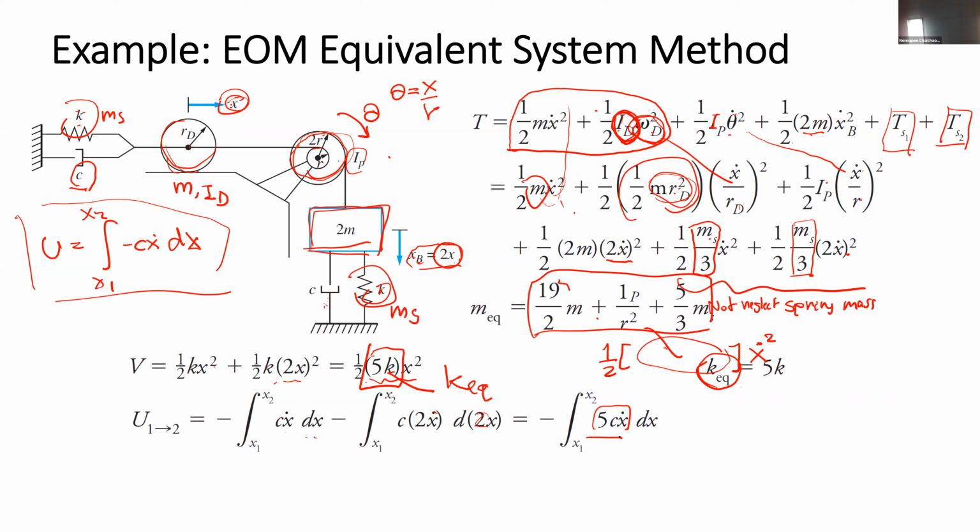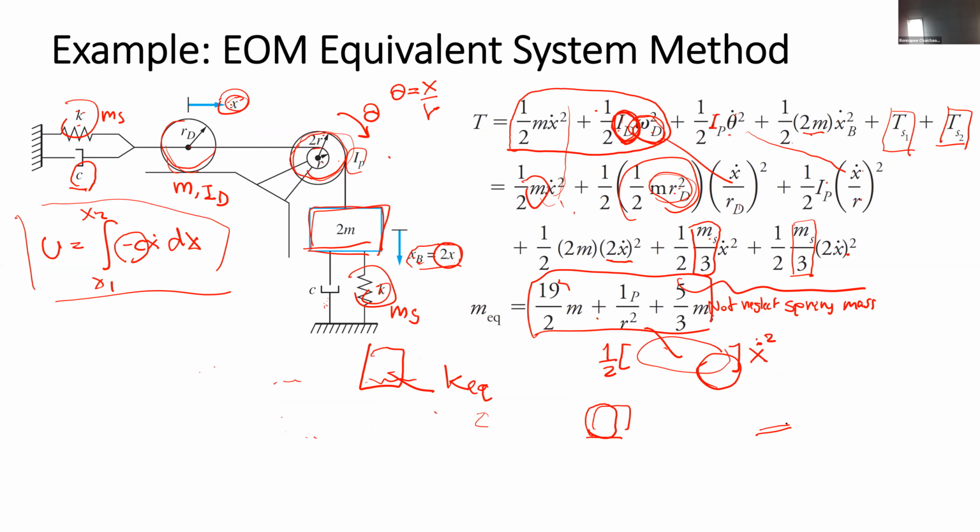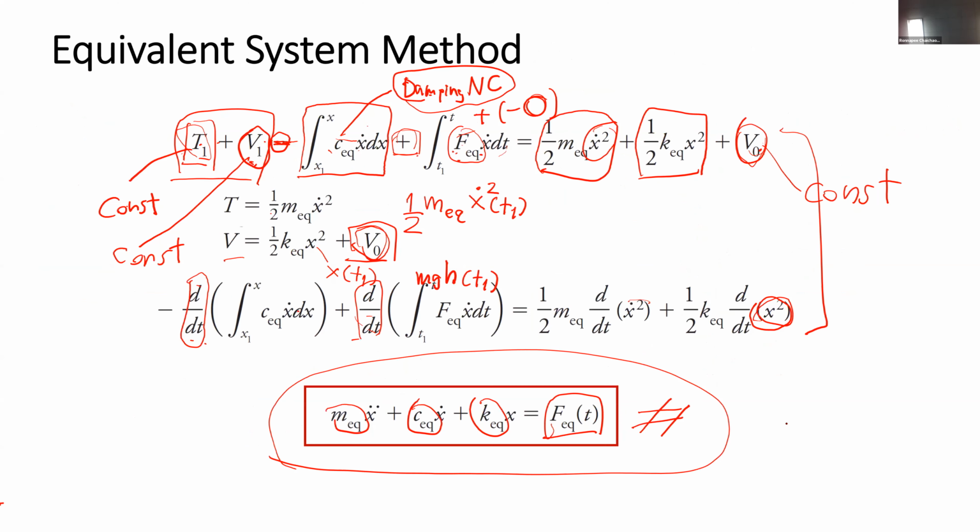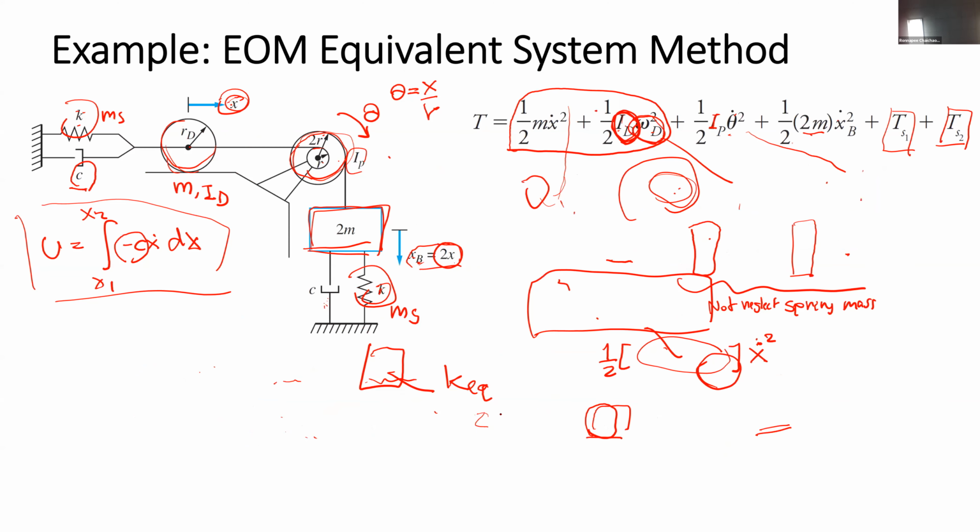and we can compare this and this. So the equivalent damping coefficient is 5c. The simple equation here will be applied from now on: M equivalent x double dot plus C equivalent x dot plus K equivalent x equals F equivalent.